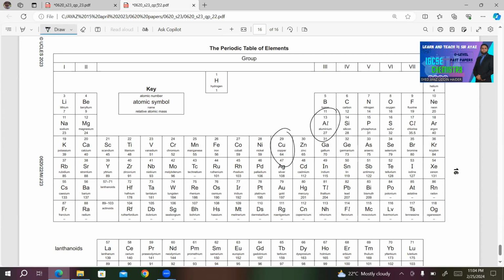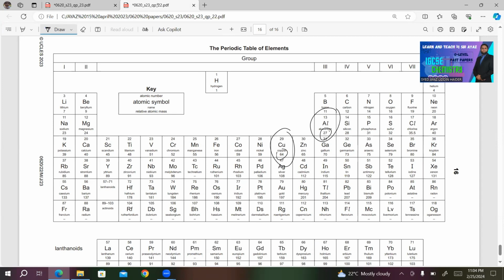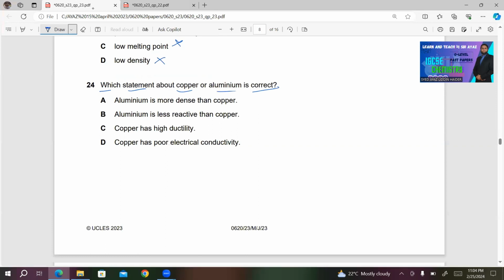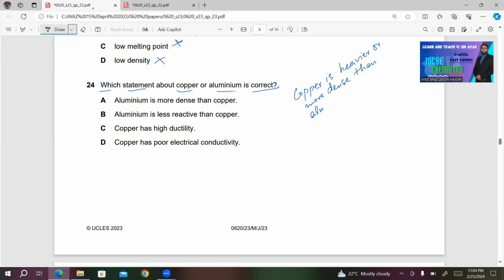And the nucleon number, or mass, of aluminium is 27 while copper is 64, which means copper is heavier, or more dense, than aluminium. So this must be the wrong answer.